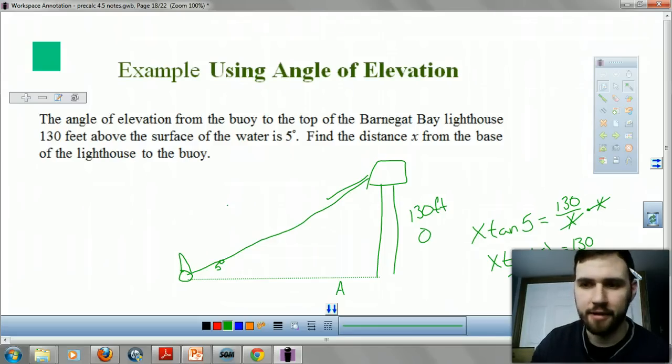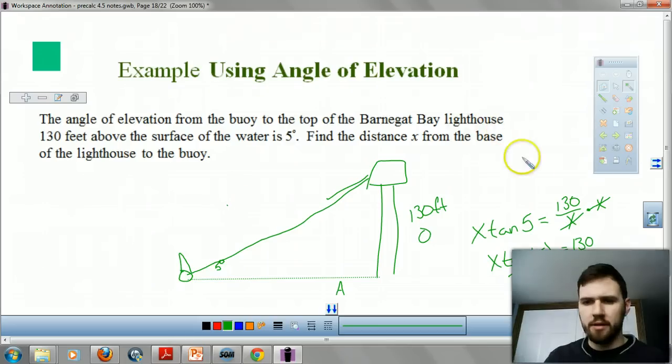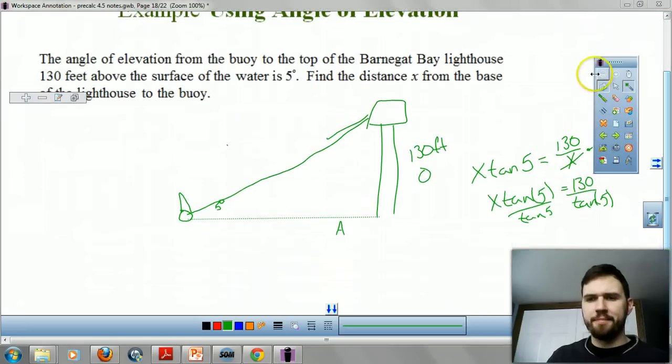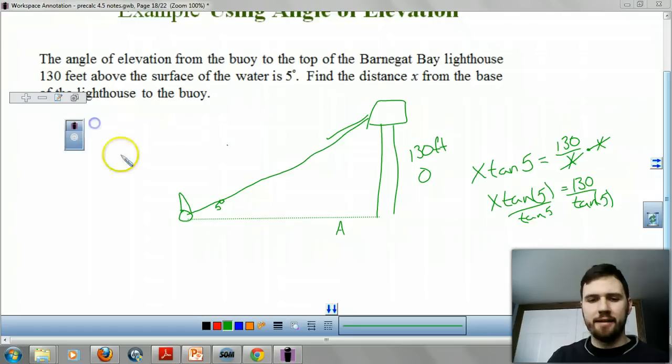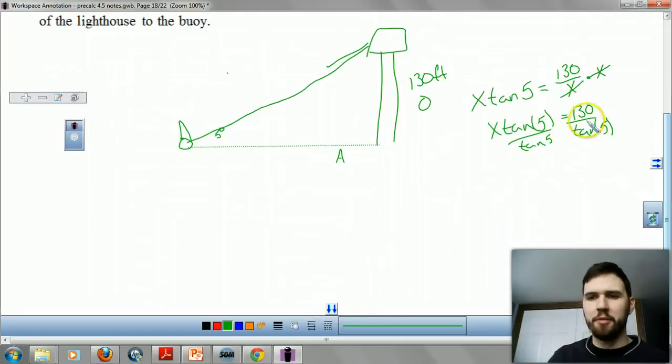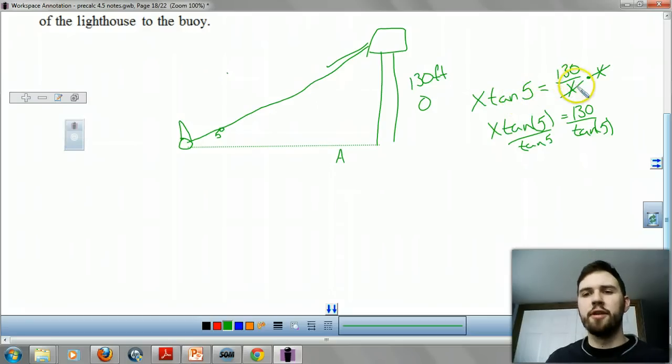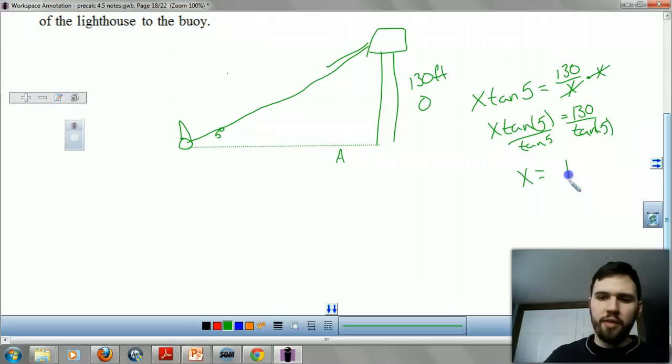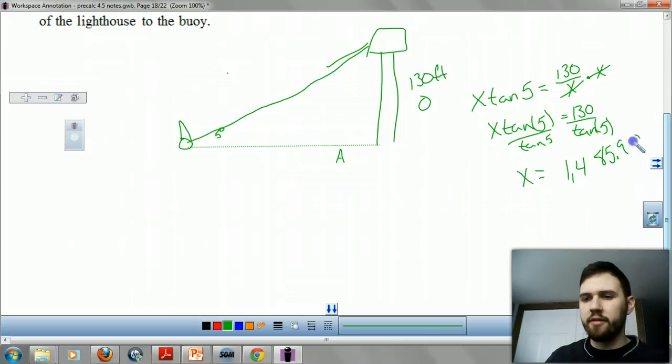One second. I need to go grab a calculator. I just realized my face is probably blocking this problem, so I'm going to scroll down. I can't stop the face halfway through, so I'm going to move back up here. x times tan 5 equals 130, multiply both sides by x, or divide by tan 5, and x equals 1,485.9 feet.